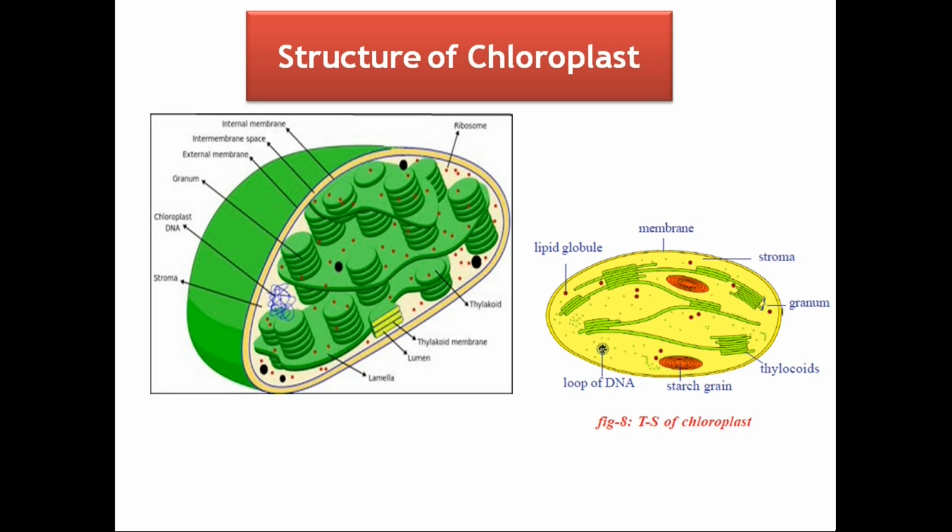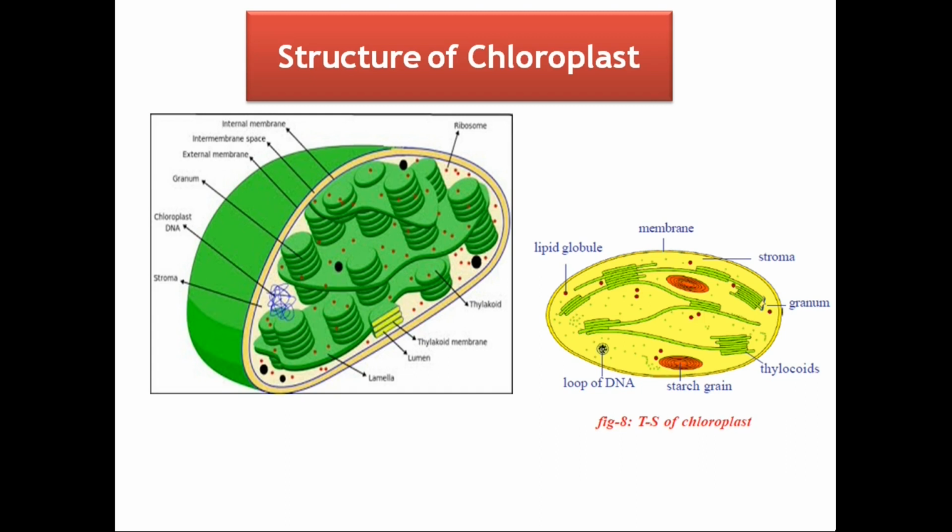Chlorophyll is a pigment which contains one atom of magnesium. It is similar to the structure of the heme of hemoglobin. Two major kinds of chlorophylls are associated with thylakoid membranes: chlorophyll A, which is blue-green in color, and chlorophyll B, which is yellow-green in color.